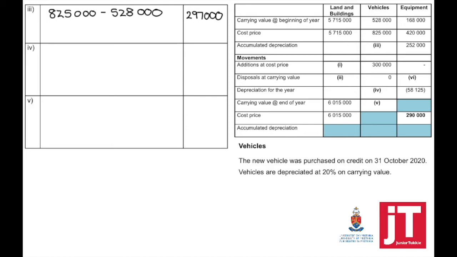So if we look at additional information, the new vehicle was purchased on credit on 31 October 2020. This is important information. Why? When we calculate depreciation on the new, it's from the day we purchase it until the end of the accounting period. So vehicles are depreciated at 20% on carrying value.